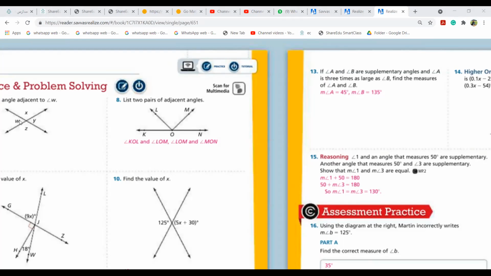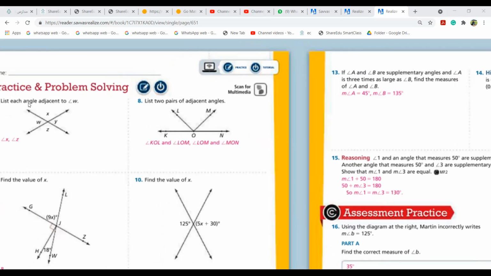I'm saying beside. Beside means who's sitting next to W? X and Z. Very good. Angle X, angle Z. If I ask you what is opposite to W, it is Y. So that is called the vertical angle. Opposite will be called vertical, which is side, it is called adjacent.